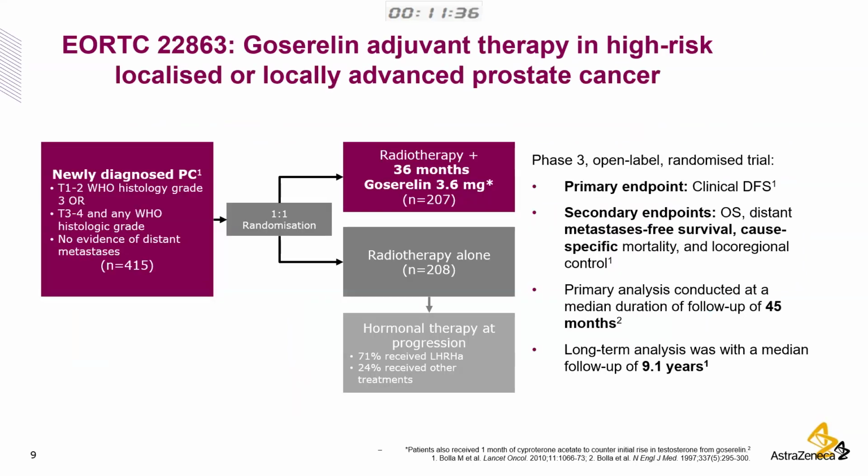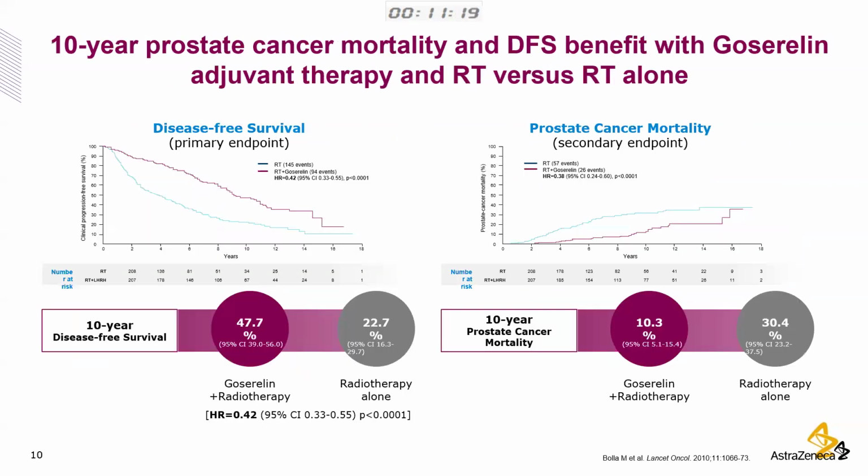We'll discuss all three settings separately. First, coming to localized prostate cancer, we will discuss a few trials. In the EORTC 22863 trial, patients with newly diagnosed prostate cancer were randomized to receive radiotherapy alone or with adjuvant goserelin 3.6 mg, and the primary endpoint was clinical DFS.